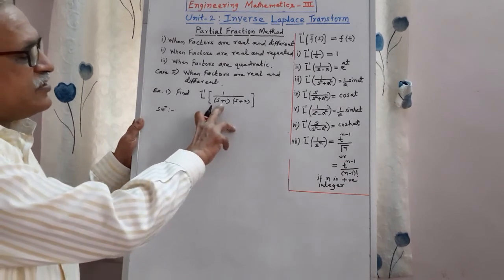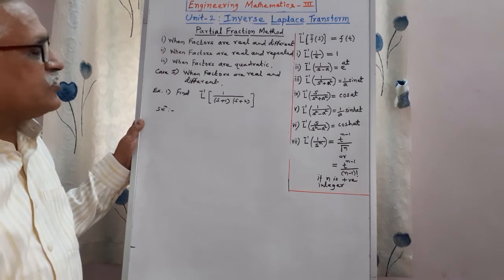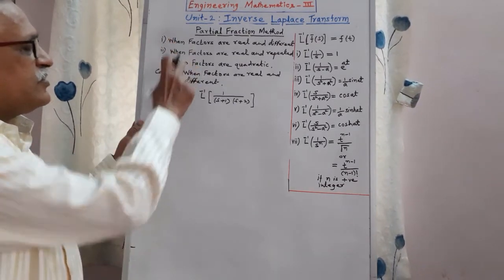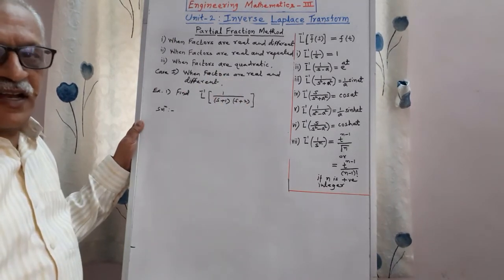Here in denominator we have two factors, s plus 1 and s plus 2. Both are real and different. Therefore, it becomes case 1 that factors are real and different.